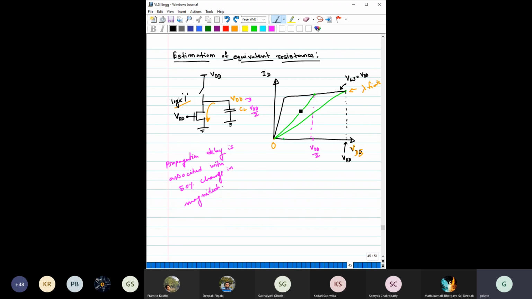So we can estimate the average resistance of any transistor from its ID-VDS characteristic.